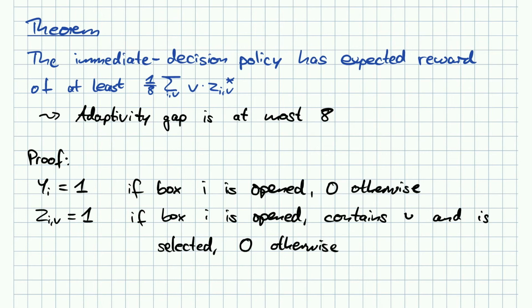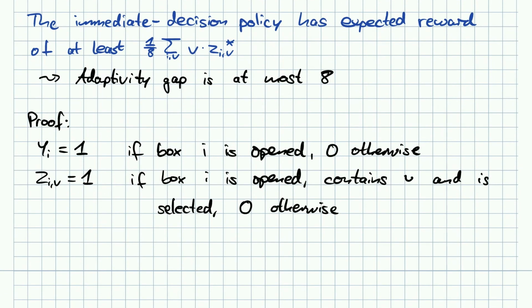Good. Now, of course, what is it that we want to bound? We want to bound the expectation of the sum of v times Z_{i,v}.